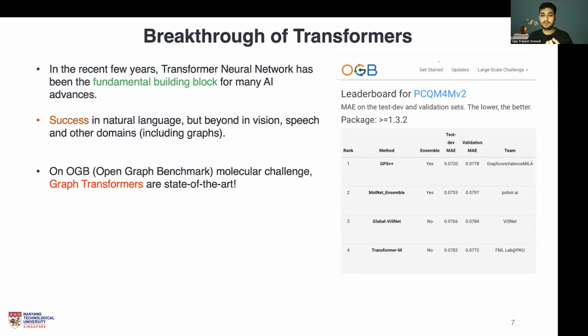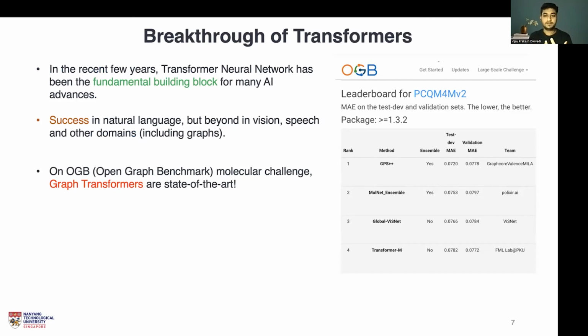Some of them could be ensembles, some of them could be engineered in terms of positional encodings, input features, and also some biases for the attention mechanism. But overall, the fundamental building block behind these 4 architectures, even for graphs, are graph transformers.